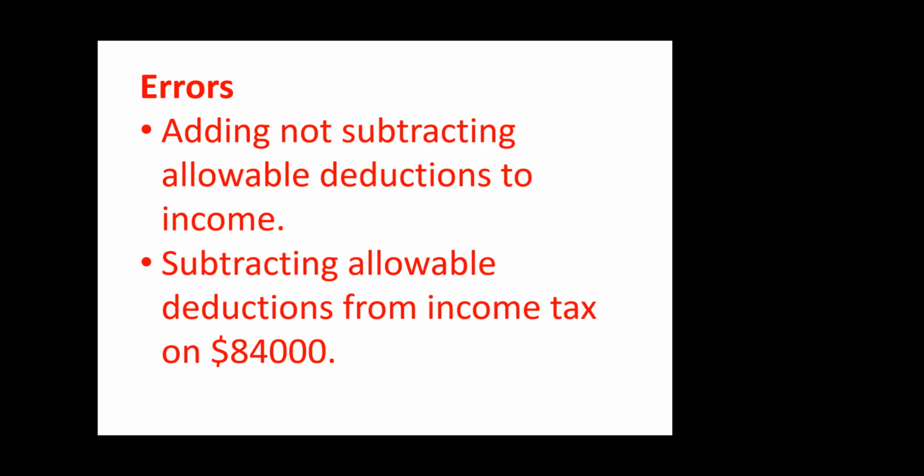So they worked out what the tax on the $84,000 was, then took that off the tax that was payable there. That was also linked with, we calculate the income tax, then we'll add in the Medicare levy, both calculated on $84,000, and then let's take away the allowable deductions.